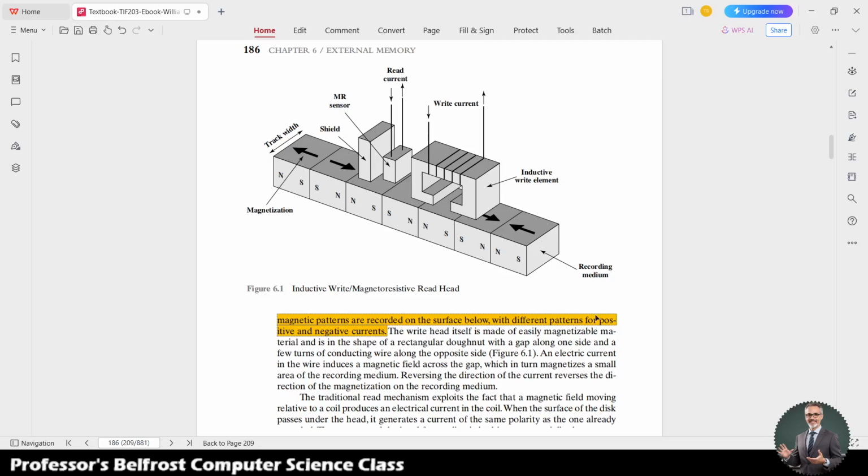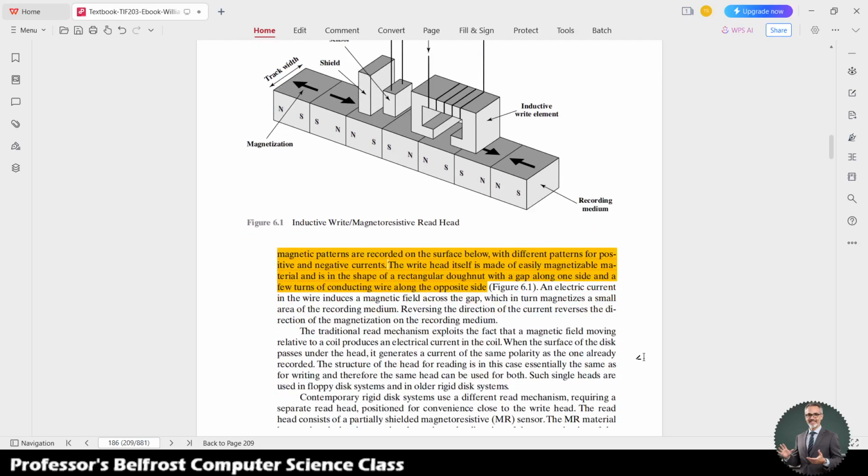The write head is made of an easily magnetizable material, in the shape of a rectangular donut with a gap along one side and a few turns of conducting wire along the opposite side.